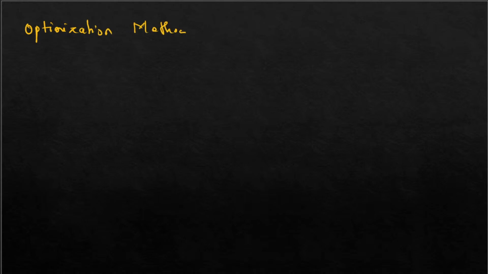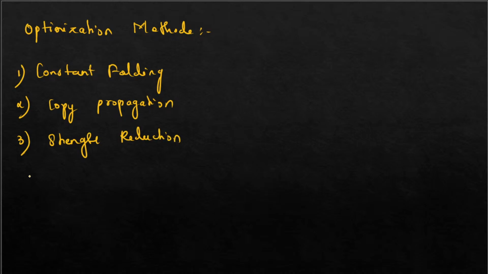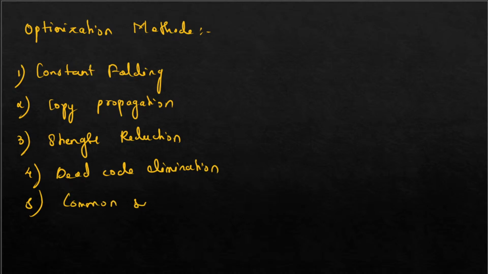methods are, the first is constant folding, second is copy propagation, third is strength reduction, fourth is dead code elimination, fifth is common sub expression elimination, and sixth is loop optimization.